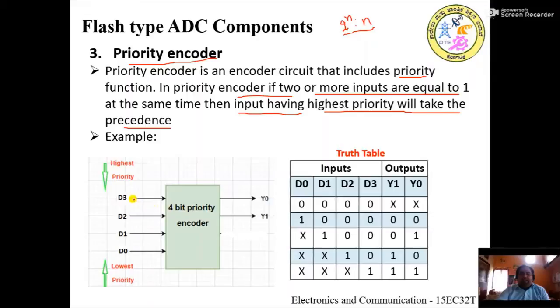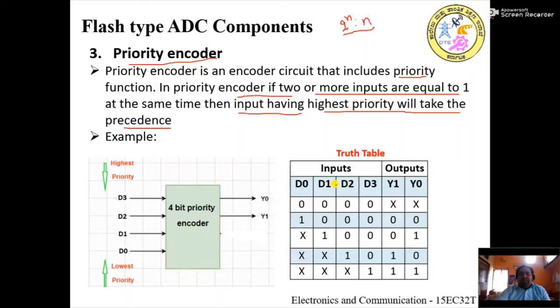There are 4 inputs designated D3, D2, D1 and D0. This priority encoder assigns the priority levels. Usually the MSB bit, D3, will be assigned the highest priority, and the LSB bit, that is D0, will get the lowest priority.